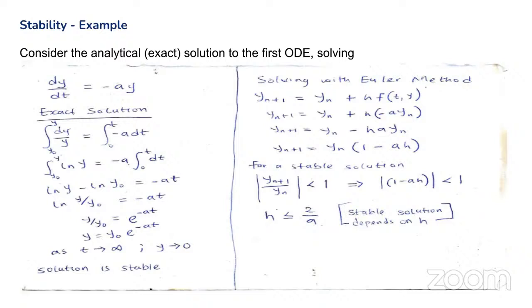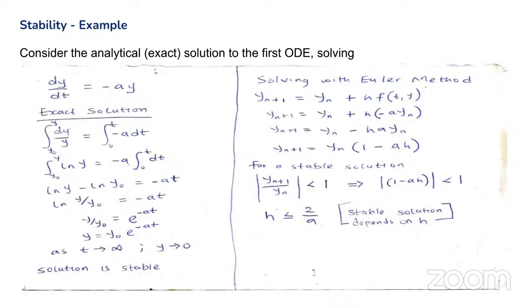If you divide both sides by yn, you have that yn plus 1 over yn equals 1 minus ah. So if we are saying that the absolute value of yn plus 1 over yn is less than 1, it means that the absolute value of 1 minus ah also has to be less than 1 for a stable solution.